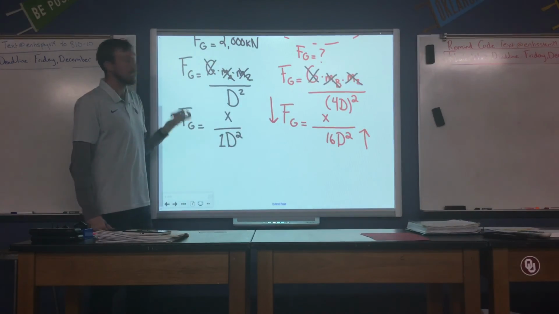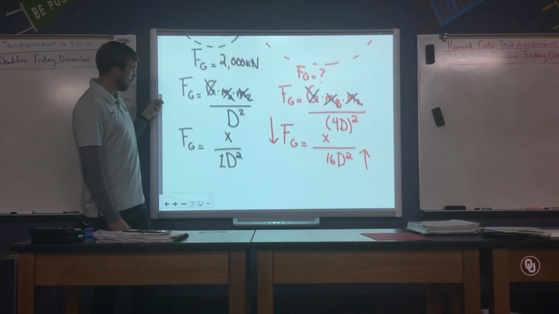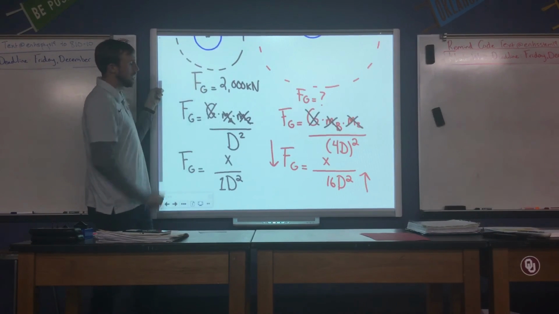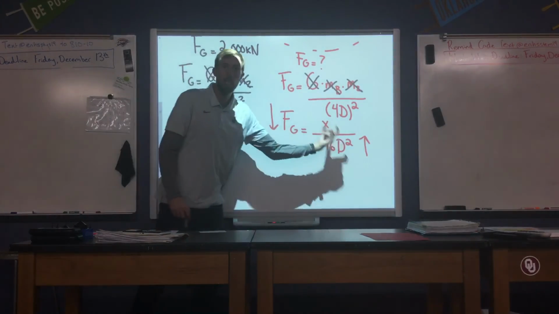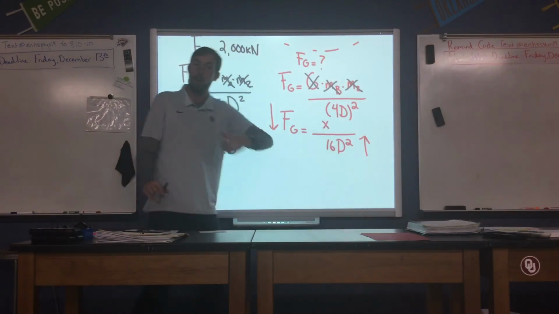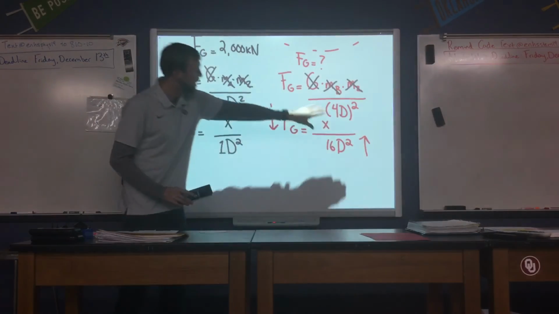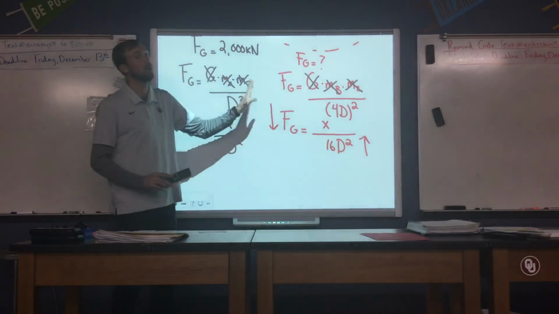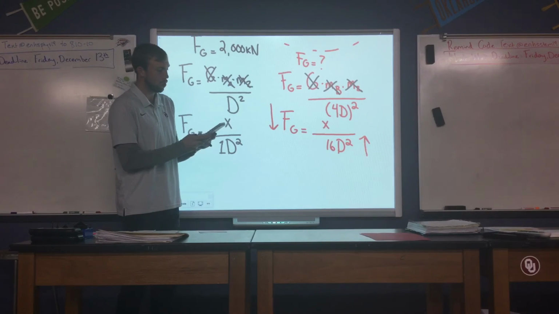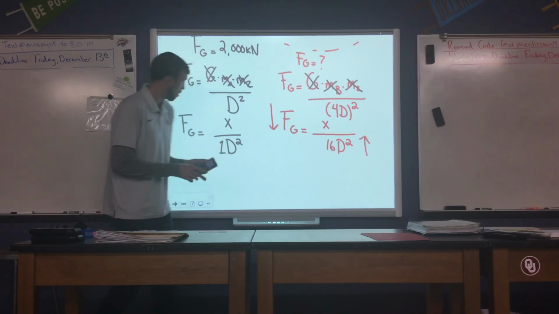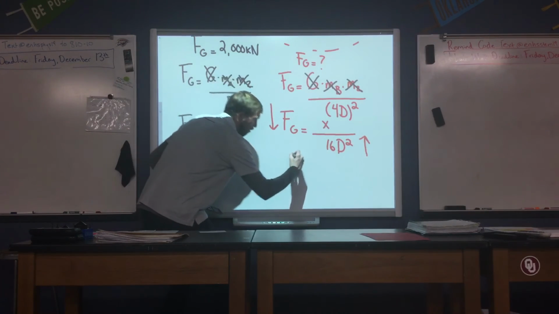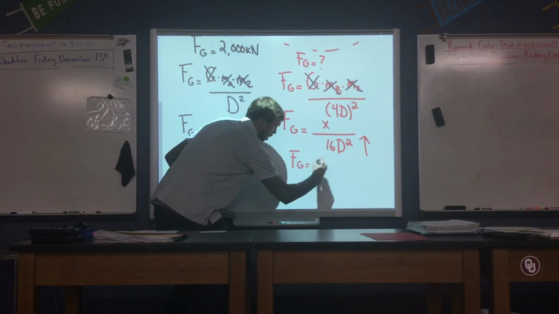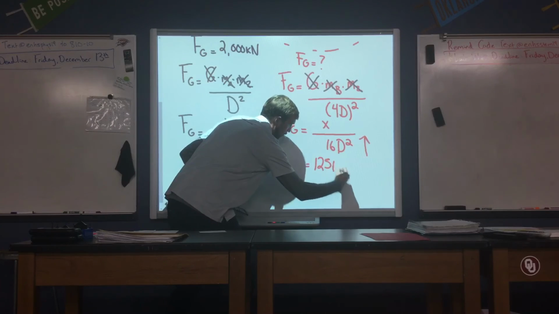So now I can take my value for the force and divide it by 16, because the only thing changing is the denominator. It's going up by a factor of 16, and since it's in the denominator, it's inversely related to our force. So I'm just going to take 2,000 and divide by 16. That's going to give me a value for the force of gravity of 125 newtons.